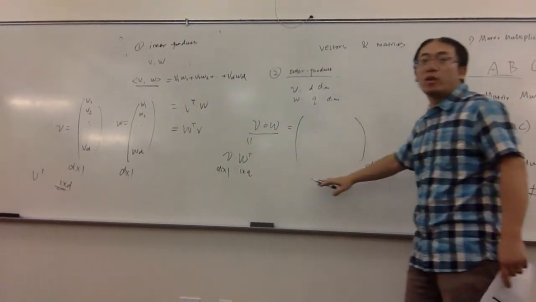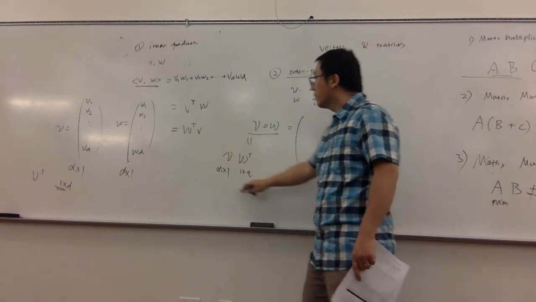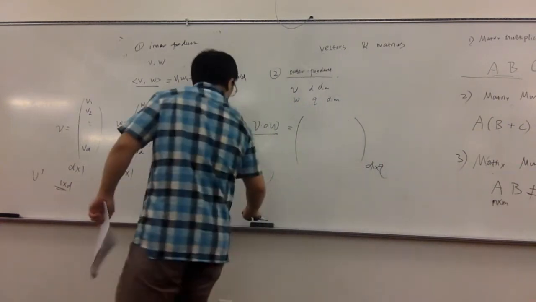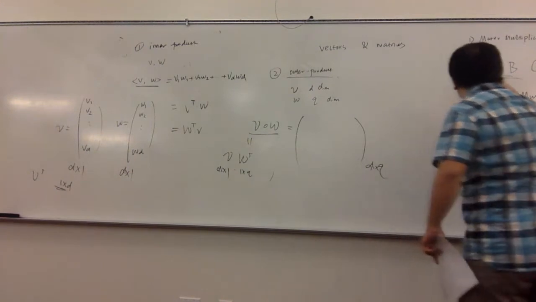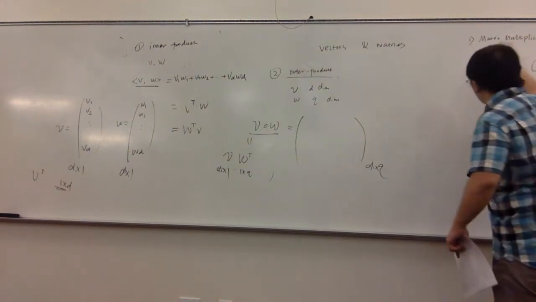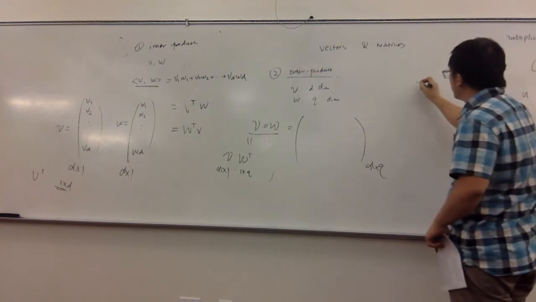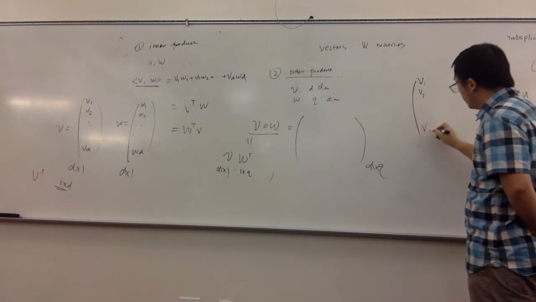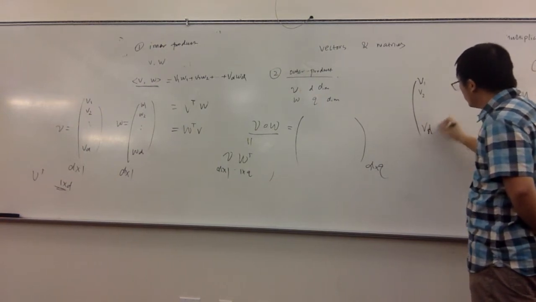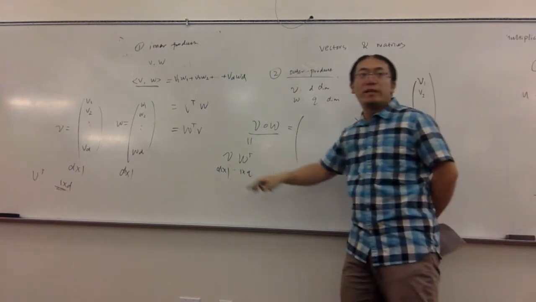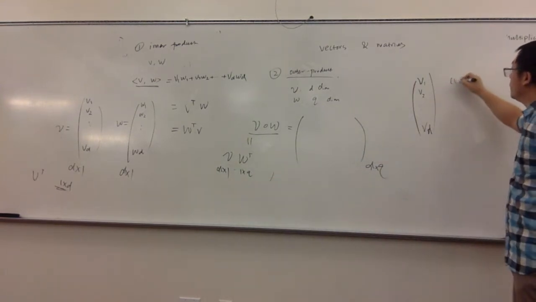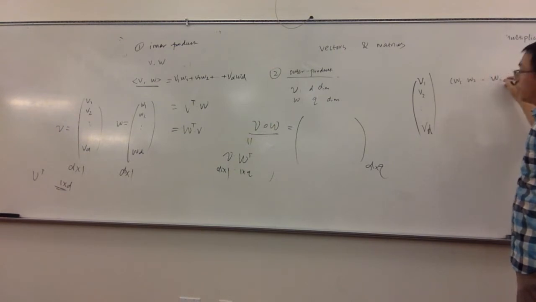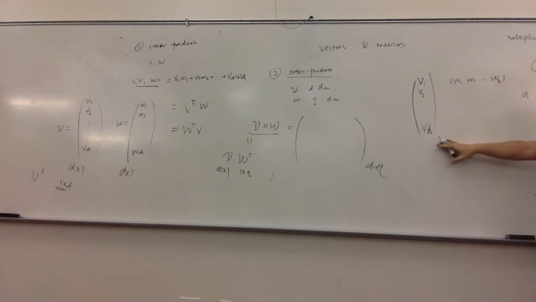And then we can consider computing this matrix as follows. For a clearer illustration, let us just write it down. V is represented by its column form, with D entries. And when we transpose W, we end up with a row vector: W1, W2, up to WQ. And then we can apply the matrix multiplication rule by multiplying these two matrices.